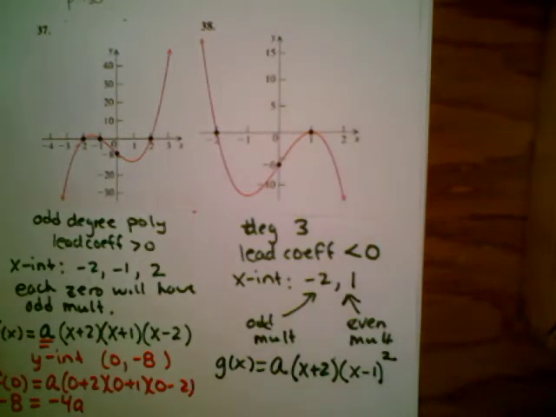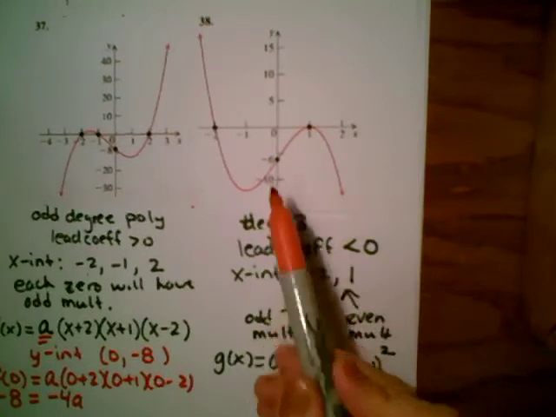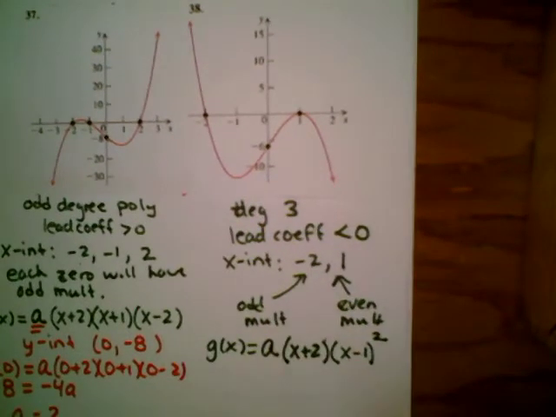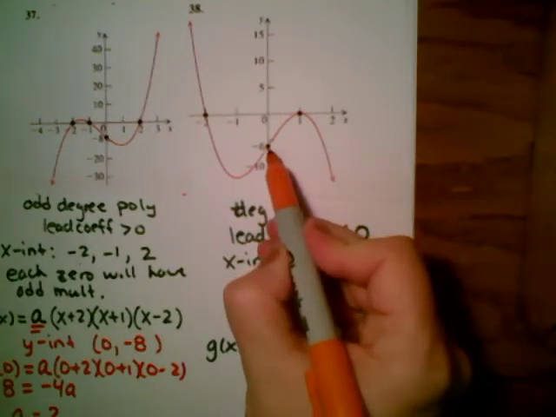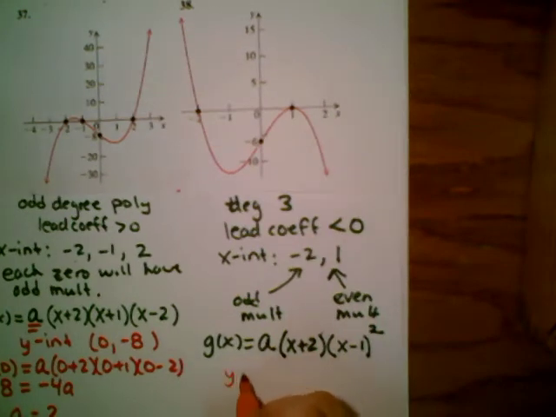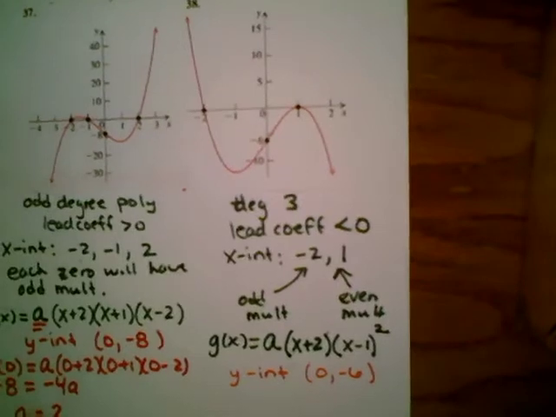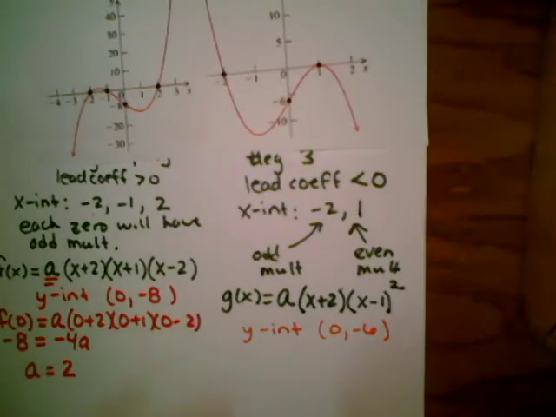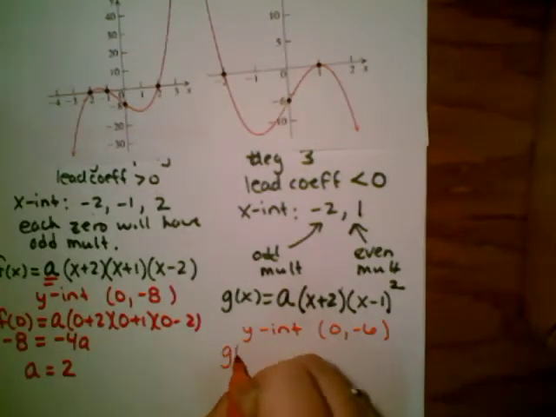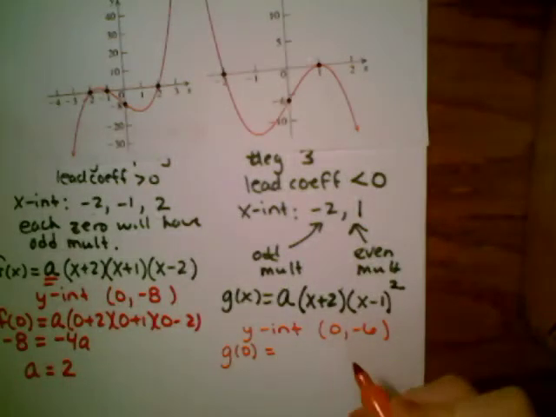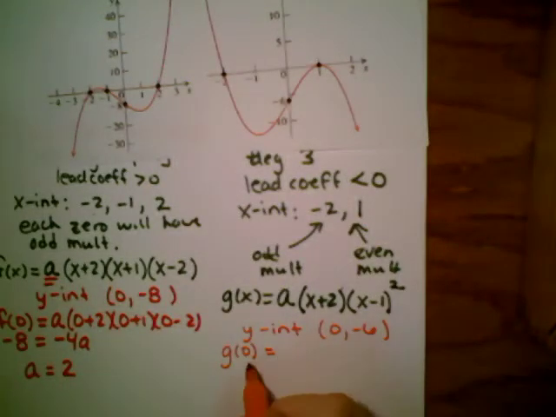And then to complete, writing down an expression of a polynomial that would exhibit this behavior, we would need to find a, and we want to use the remaining clue. We see that there's a y-intercept of 0, -6. Okay. So if we evaluate g at 0, we expect to get an output of -6.